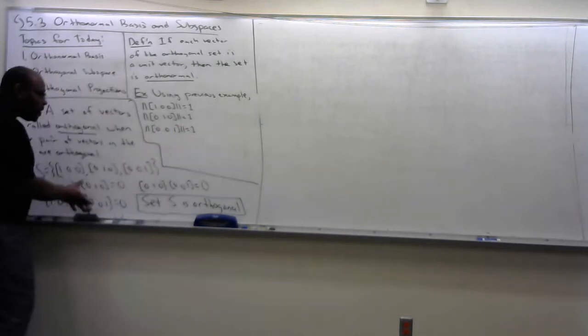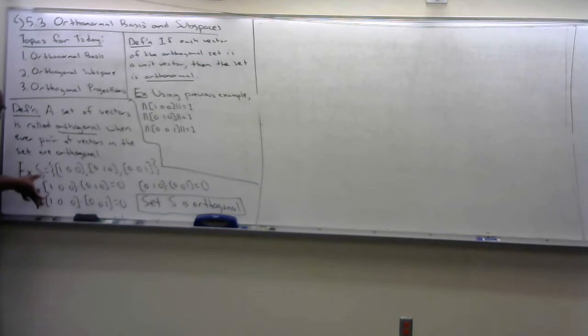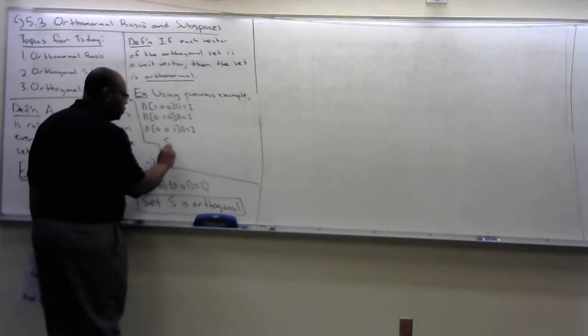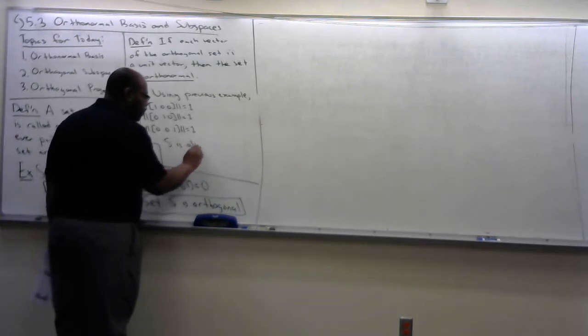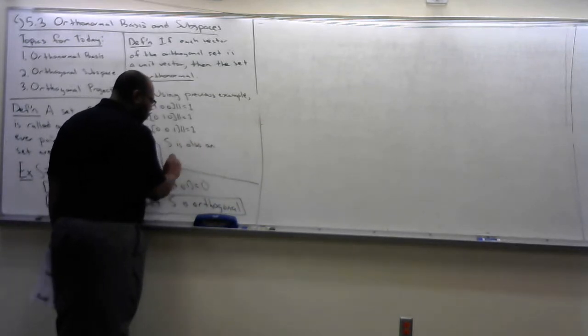We found out previously that this is an orthogonal set, and the magnitude of each one of these vectors is 1. So that means that S is also an orthonormal set.